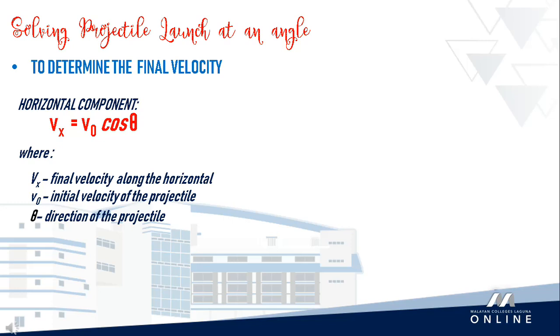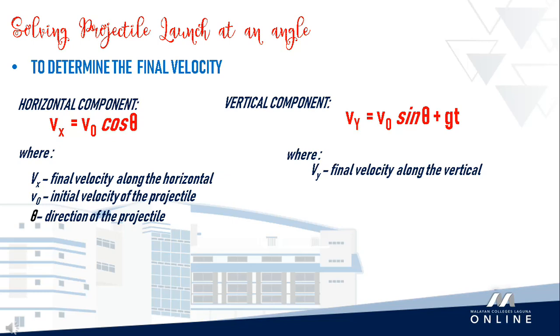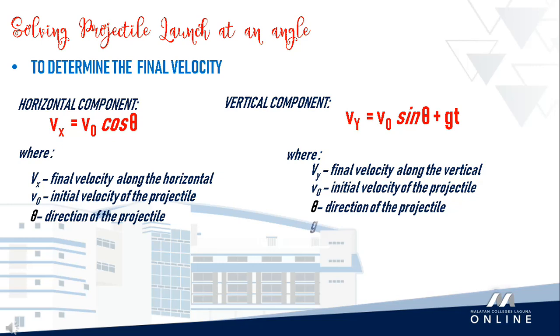For the y component, we will use this equation, where v sub y is the final velocity along the vertical, v sub 0 is the initial speed of the projectile, theta is the direction of the projectile along the vertical, g is the acceleration constant due to gravity, and t is the elapsed time.